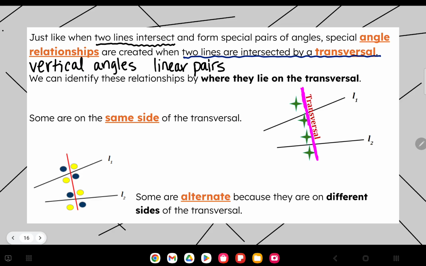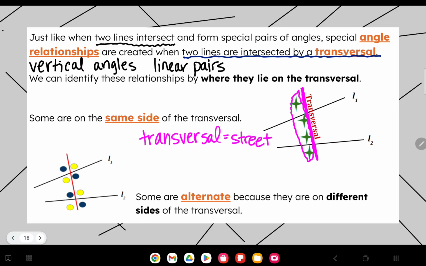So you can think of this as a street. Transversal equals street. All of these angles right here are on the same side of the street as each other.